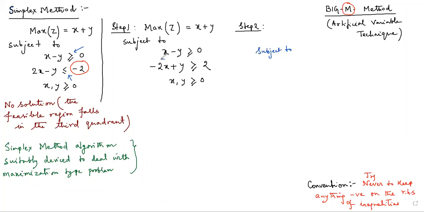Now in these inequalities, left hand side portion is larger than the right hand side portion. So previously we added something to the left hand side. Now we are going to subtract something from the left hand side to balance the system, which is quite obvious. So we'll write x minus y minus s1 greater than or equal to 0.